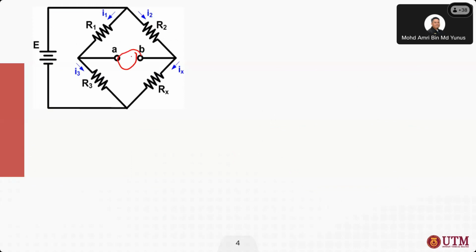So we have a galvanometer here. When in balance condition, VA minus VB is equivalent to 0 volt, meaning there is no deflection, or the potential between point A and B is equivalent to 0.